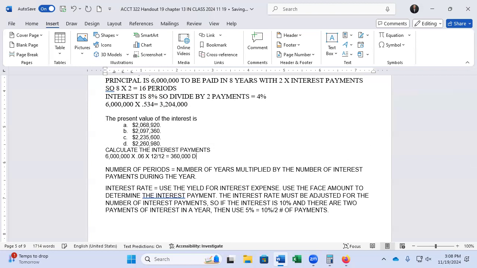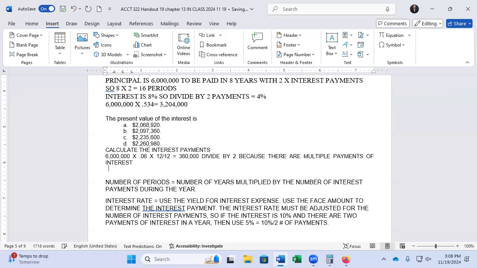And so we divide by 2, because there are multiple payments of interest. So we have 360,000 divided by 2, and that equals 180,000.